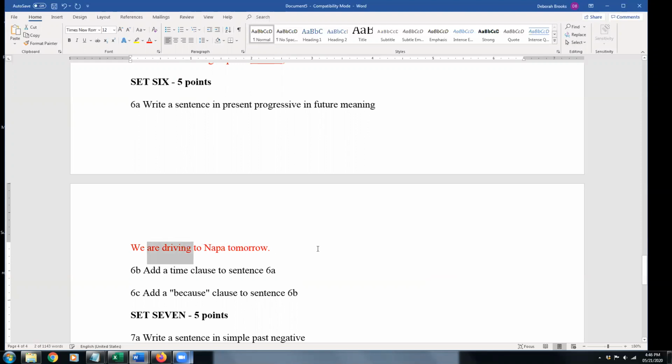Are driving. Present progressive is be plus ing. The main verb is ing. Adding a time clause. Now I can add the time clause at the beginning or the end. If the time clause is at the beginning, there's a comma. If it's at the end, there's no comma.